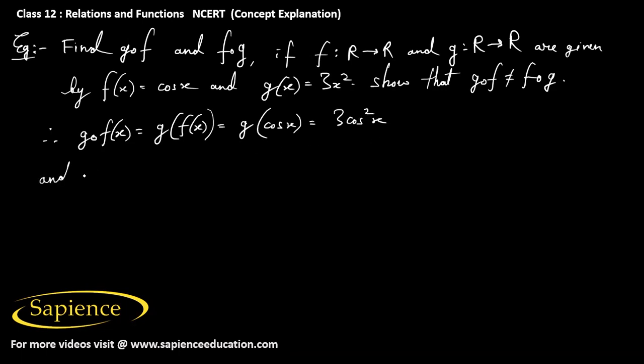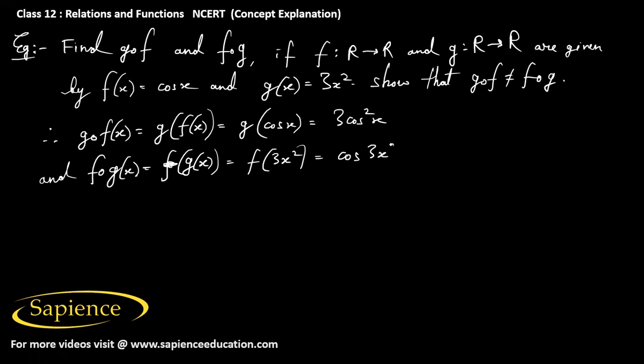And similarly, if we have to find f of g of x, that would be f of 3x square. f is cos, so this will be cos of 3x square. Now we know that 3 cos square x is not the same as cos 3x square.